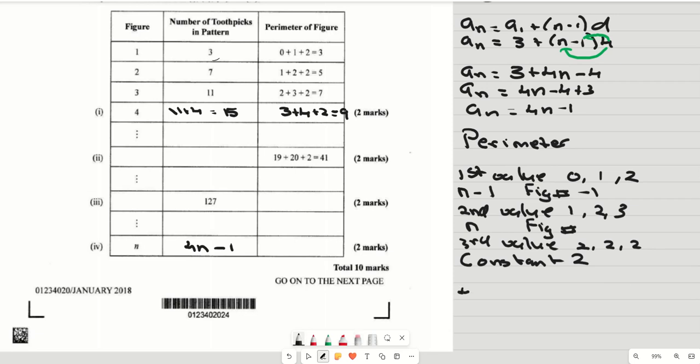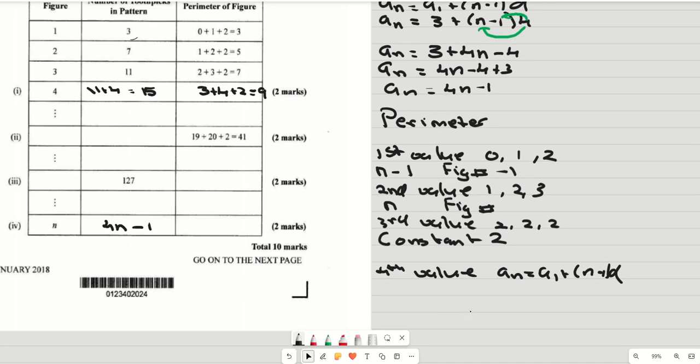For your fourth values, you use the formula an is equal to a1 plus n minus 1 by d. All right, let's just go to the side here. So a1 is your first value in that sequence, which is 3. d is the common difference of 2, right? And n is equal to n.